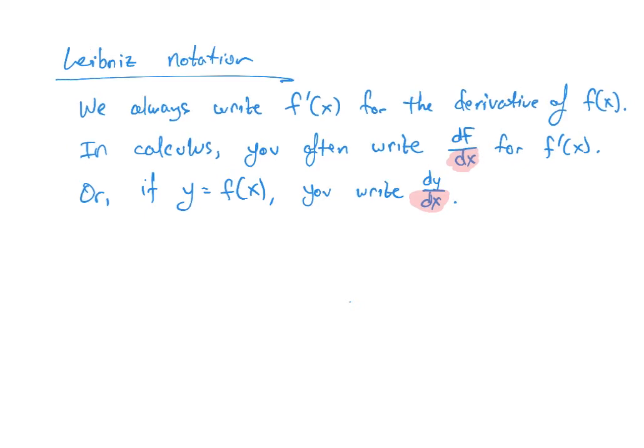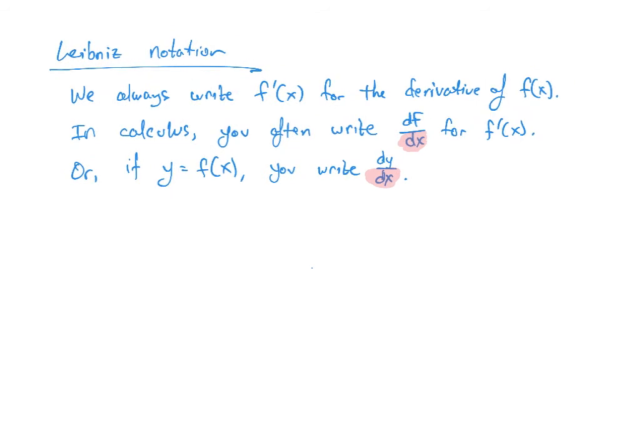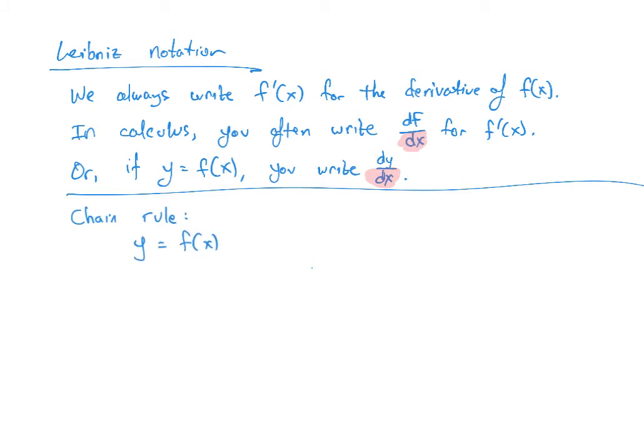And I'm just going to show you that, the good side of Leibniz notation. Okay, here's the chain rule. Let's say y is f of x, and z is g of y.